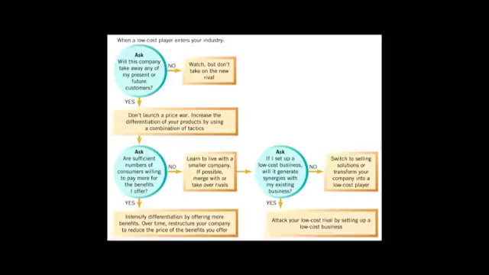So one of the classic situations is that a low-cost competitor comes into the industry. Where do low-cost competitors come from? Overseas, yes, they can come from overseas. Generally, that's either another larger organisation in another industry that's got massive economies of scale and says, we know how to be cheap.